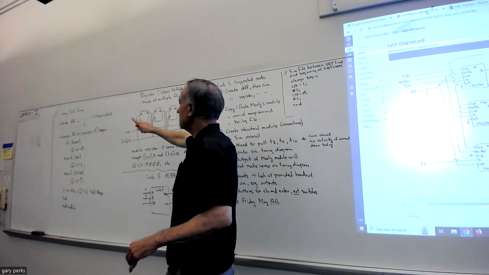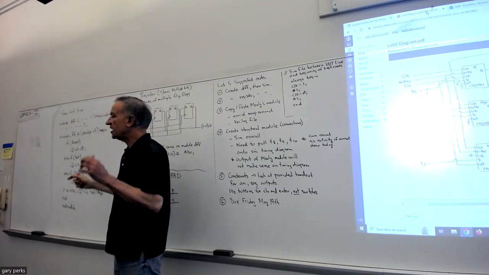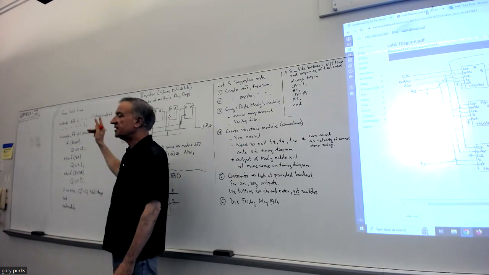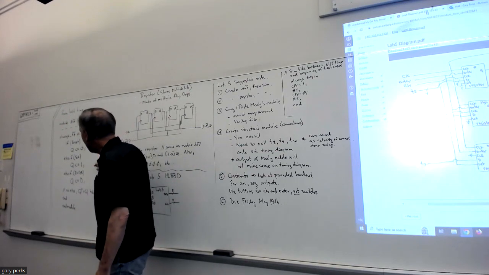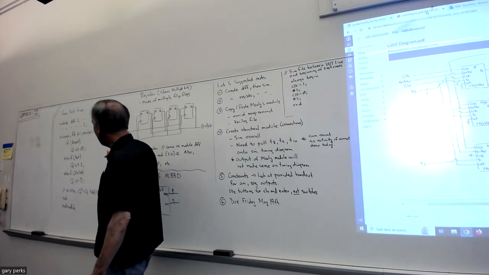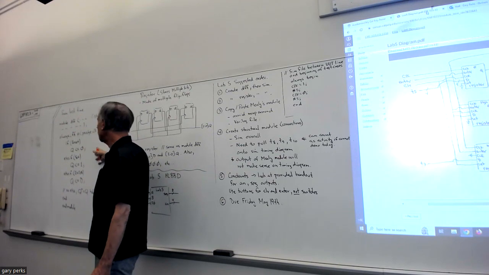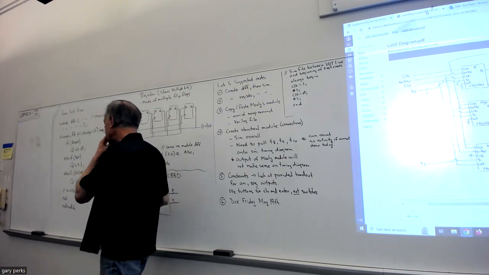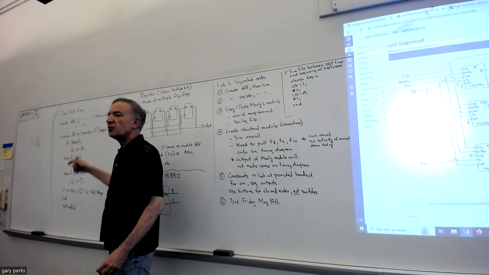But first thing, I just want to point out that this is the code that I gave you at the end of last class for the D flip-flop. Again, I may have some syntax errors here. I don't think I have many, but just be careful with that. You could start with this, and then if you see some syntax errors, figure out what those are. But this is what you need.